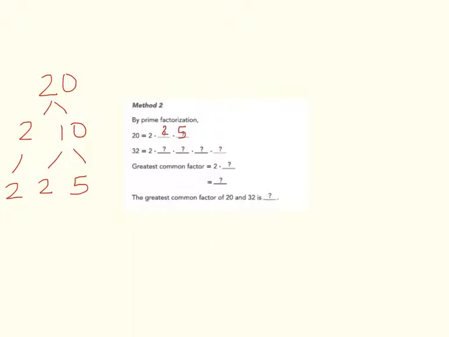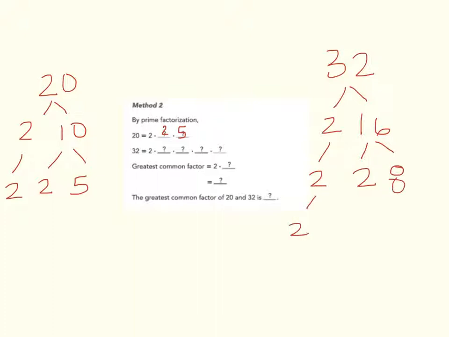All right, now let's try 32. Our least prime factor of 32 is 2, leaving behind 16. Our least prime factor of 16 is also 2. Carry down that 2 so we don't forget it, leaving us with 8. Carry these 2's down so we don't lose them. The least prime factor of 8 is 2, leaving behind 4. Bring down all these 2's.